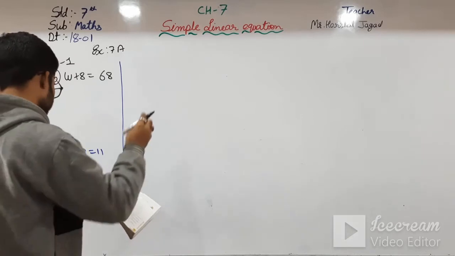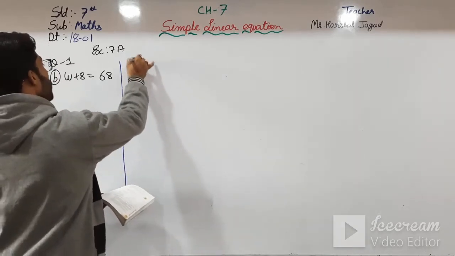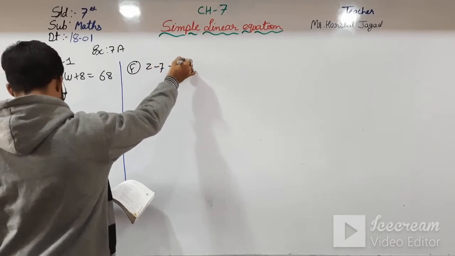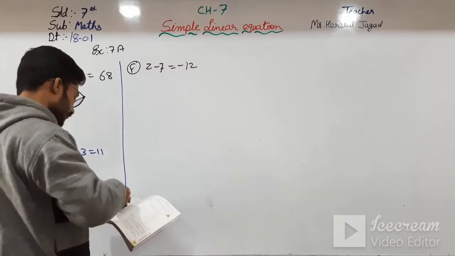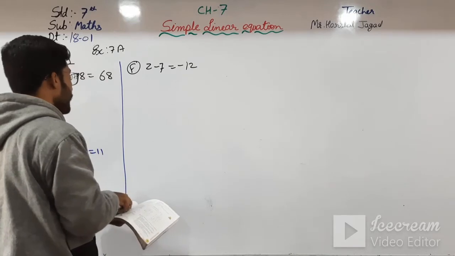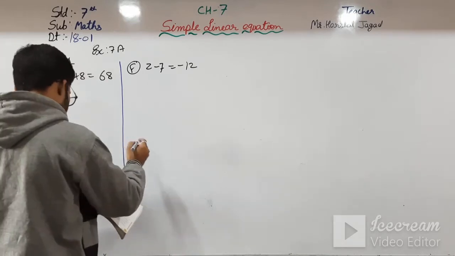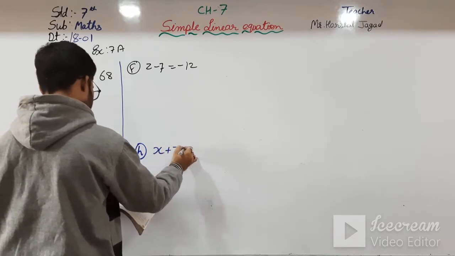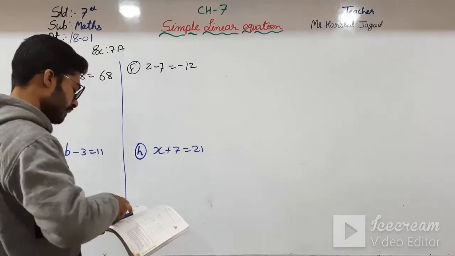That is f. The value is z minus 7 is equal to minus 12. Then after that, h. That is x plus 7 is equal to 21.